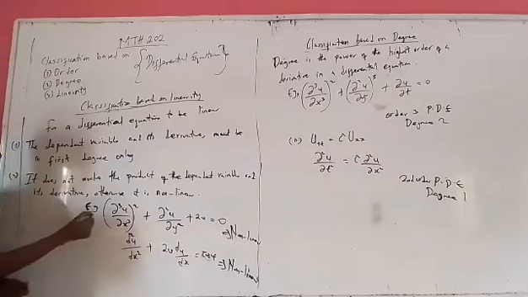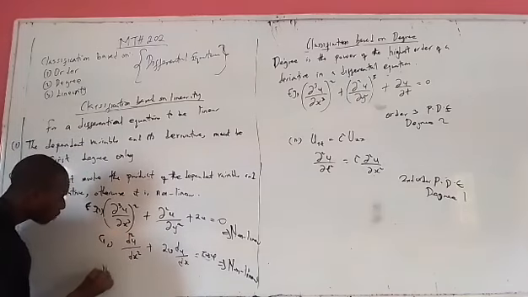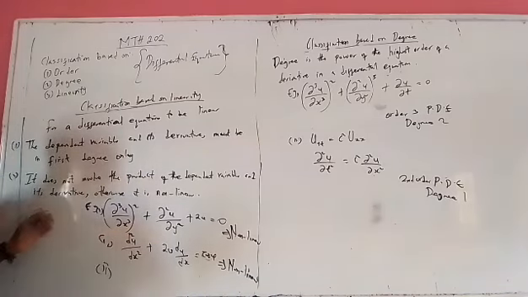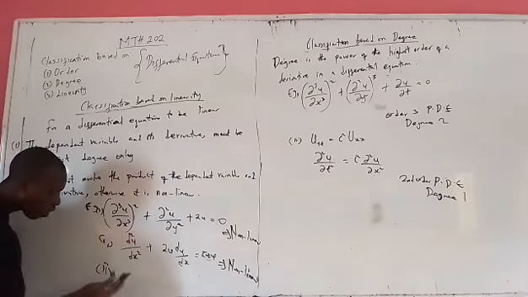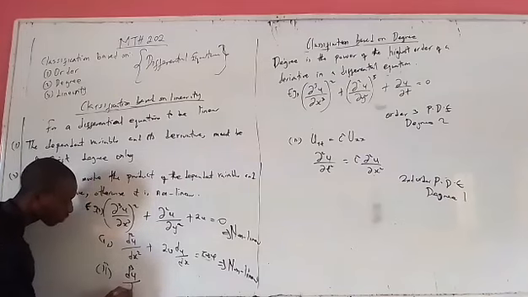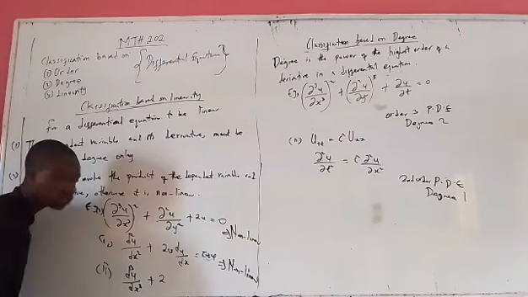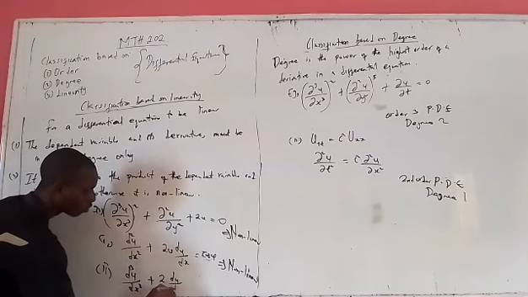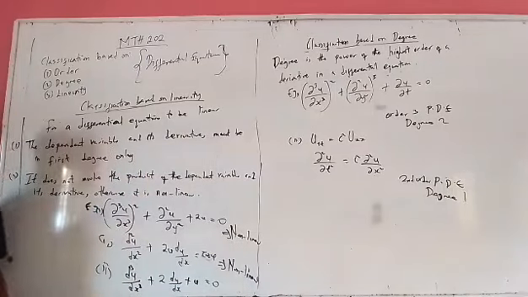So for it to be linear, it must be of first degree. Let me give you an example of a linear differential equation. Now, if it is the cube u, the s squared, the s cube, plus 2 du dx plus u is equal to 0.